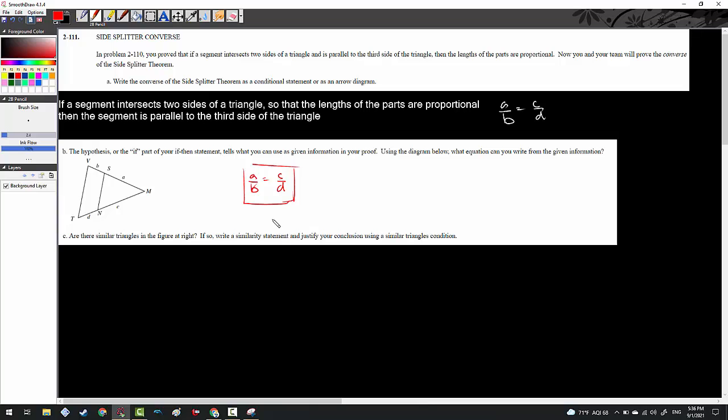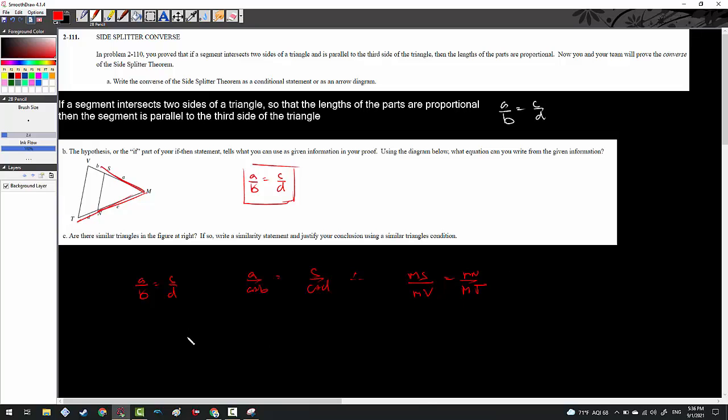So let's see. If we know that A over B equals C over D, then we know that A over A plus B is equal to C over C plus D, right, based on the proof we did in the last problem in part E. Which means, therefore, MS over MV, in other words, the small over the large, is going to be equal to MN over MT. Again, that proportionality right there.